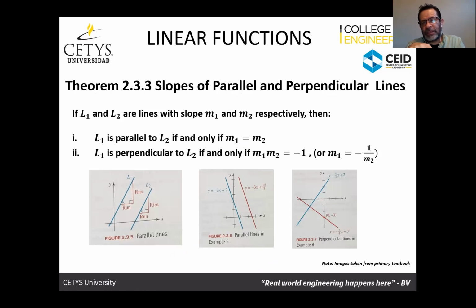Usually this part here is where everybody starts to get confused in some of the exercises. This has to do with the relationships that exist between slopes and the concept of parallel and perpendicular.